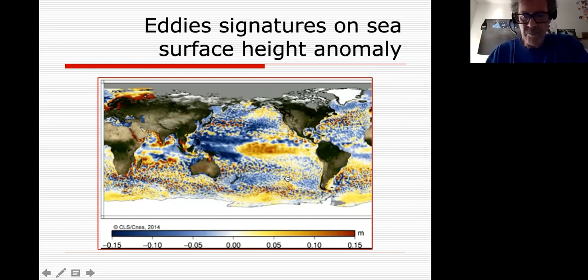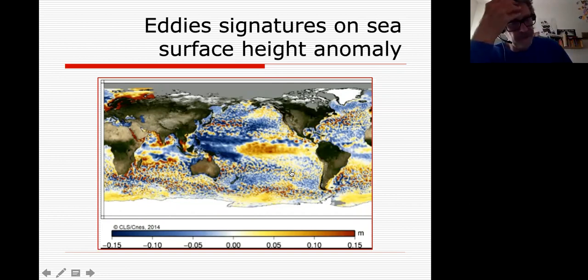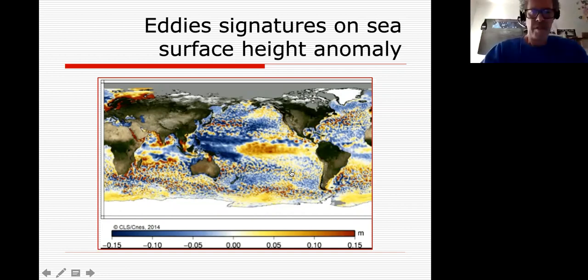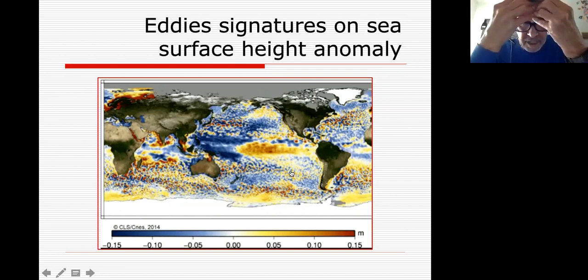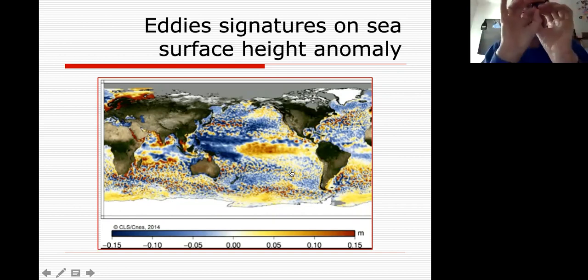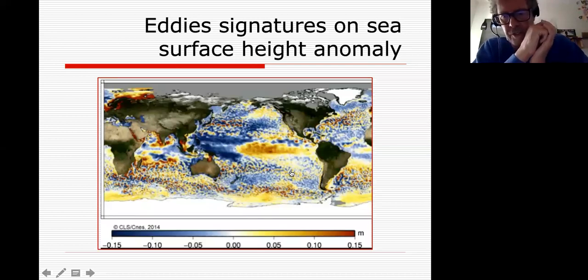And the message is the ocean is an eddy ocean, essentially. When you look at a single image or a single observation, the presence of an eddy can substantially perturb the measurement, unless you have a satellite or a large-scale picture that can put this observation in the proper context.